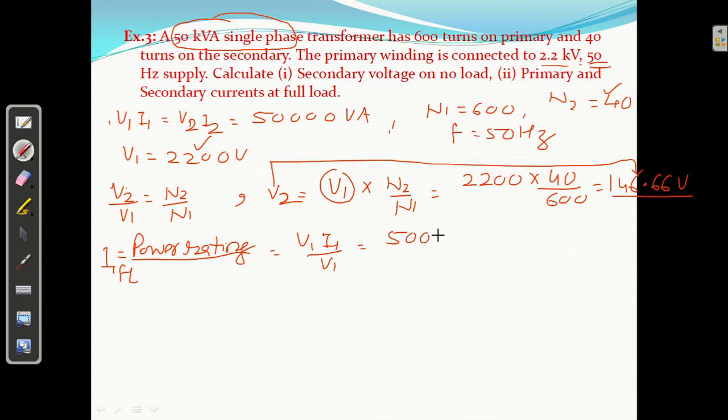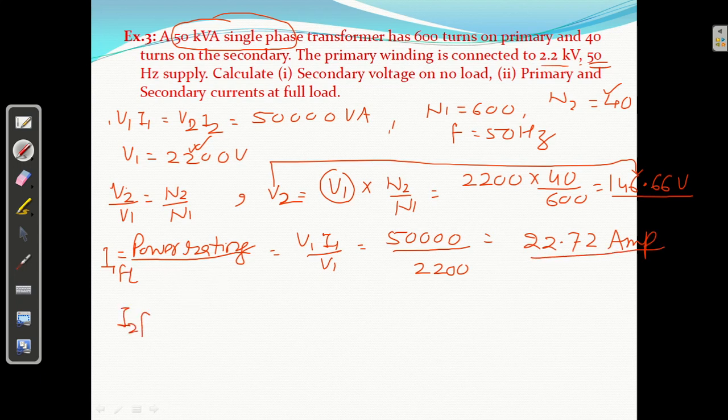Given 50,000 divided by V1, given 2200. So you will get 50,000 divided by 2200 equal to 22.72 ampere. That is I1 full load.